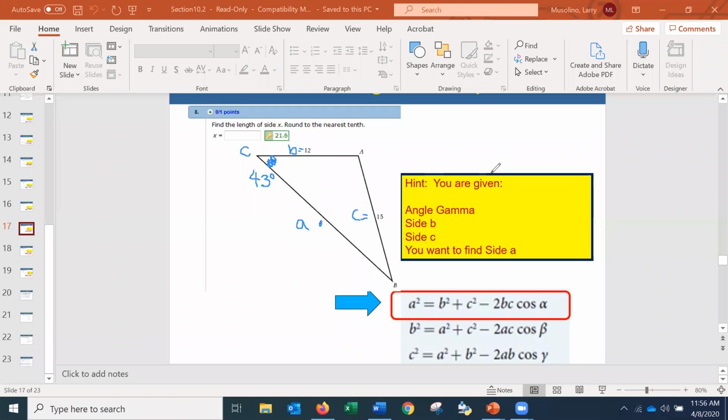If we could figure out angle A, then we would be able to figure out side A. Do you agree? Because this formula that's circled in red, if I knew angle A here, I'd be in good shape, and then I could figure out side A. What we don't know is side A. That's what we're trying to figure out in this problem, right?